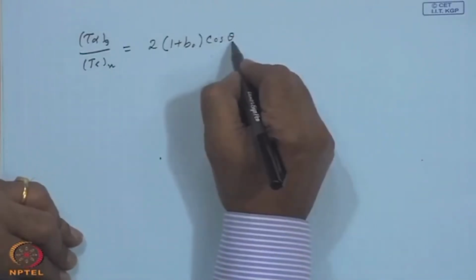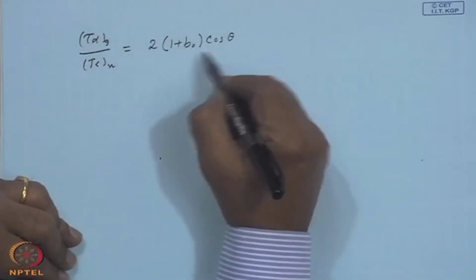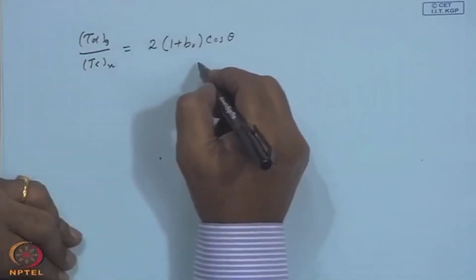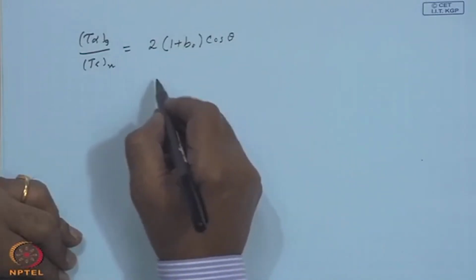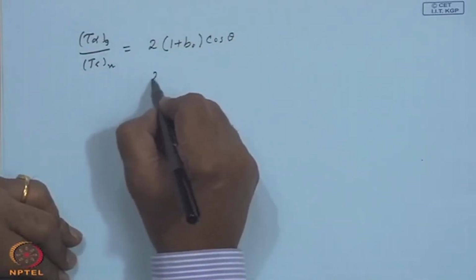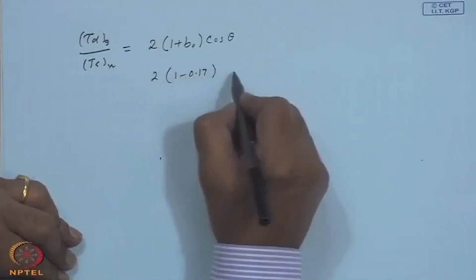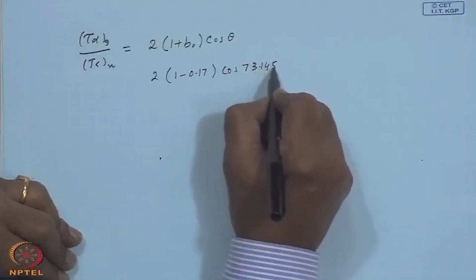This is nothing but at theta equal to pi by 2, this will be 0, and at theta equal to 60, it coincides with the previous relationship. So, if you do this, this is 2 into 1 minus 0.17 into cos 73.148.